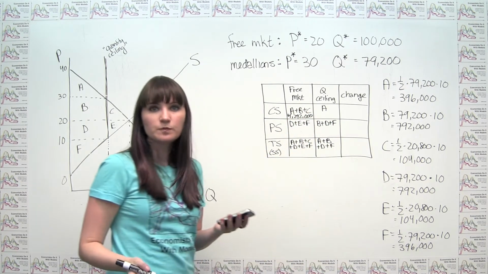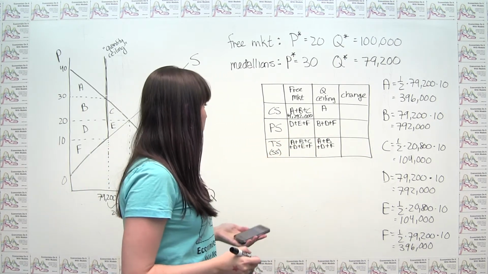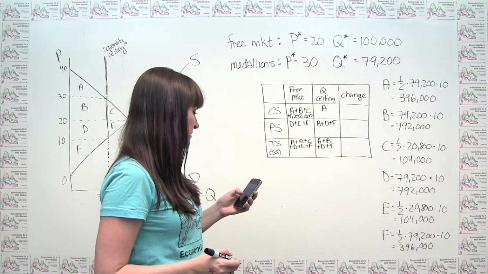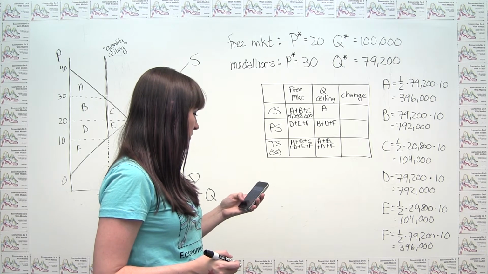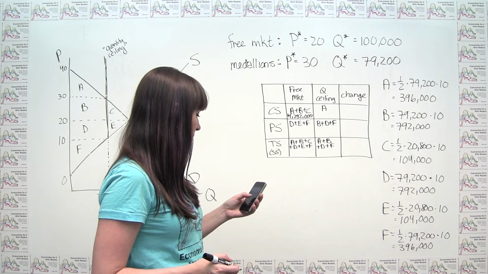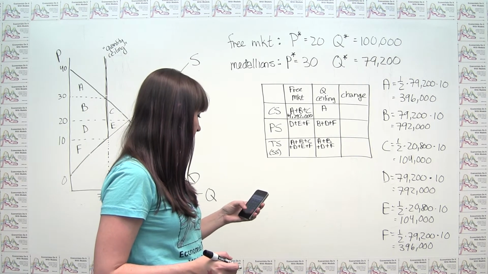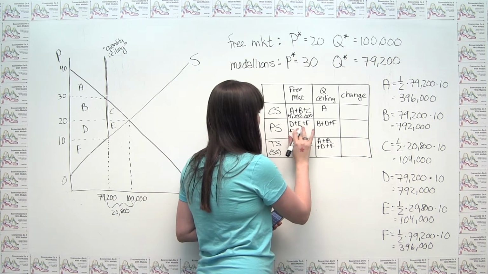So far, so good. Similarly, producer surplus is 792,000 plus 104,000 plus 396,000, or 1,292,000.